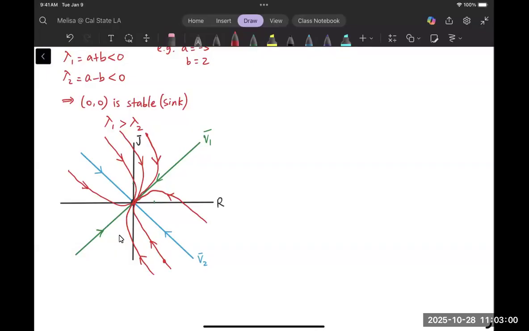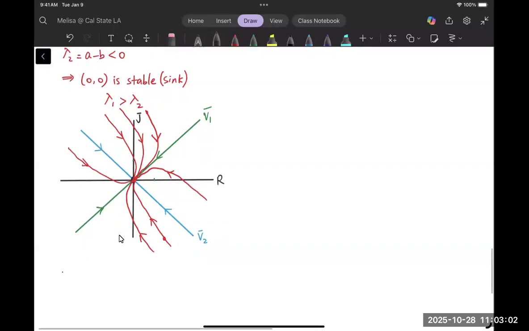Okay, so you can interpret this by saying that all solutions converge to (0, 0).